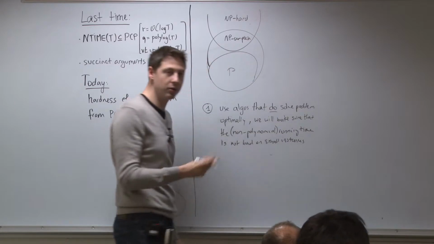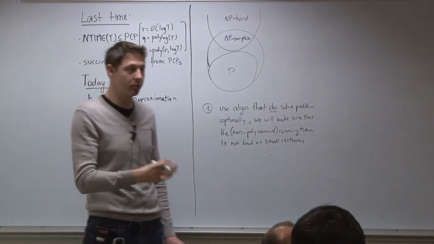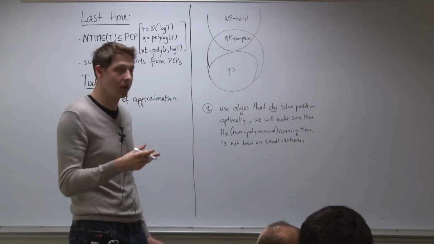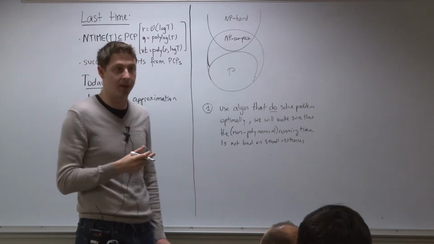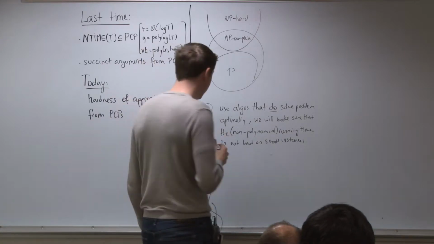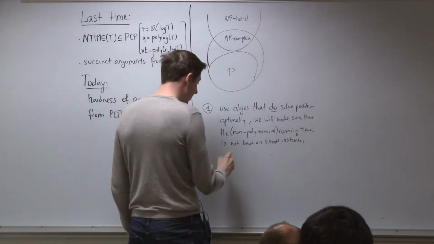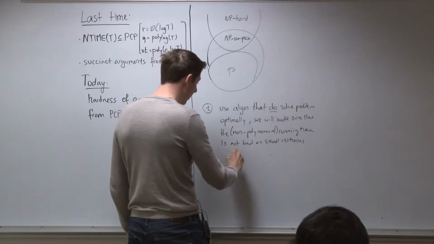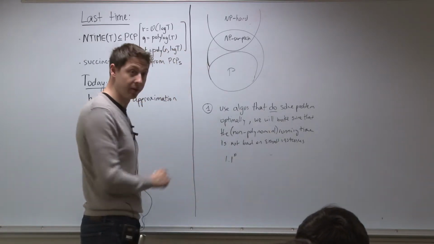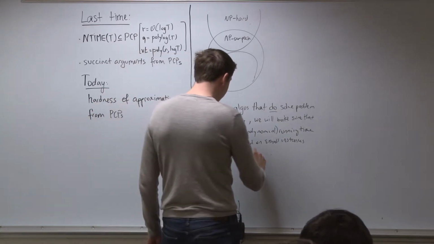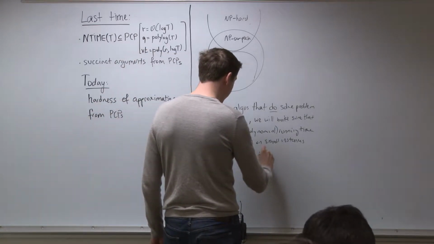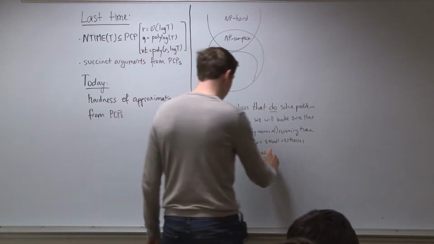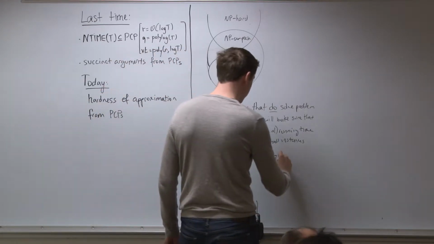Because at the end of the day, you care about the problem of interest because you have some problem at hand, and maybe the instance at hand is not huge, so maybe it's okay to put up with an algorithm that doesn't run in polynomial time. Just to give a numerical example, say that you look at an algorithm that runs in 1.1 to the n. Even if you plug in, say, n equals 200, when I plugged it into the calculator, this is less than 200 million.